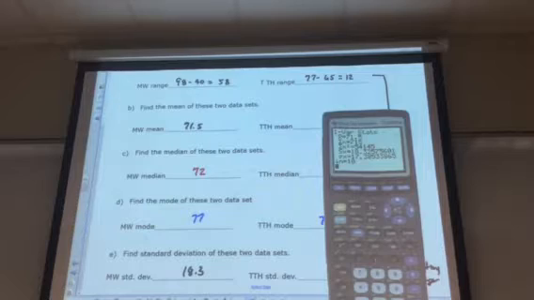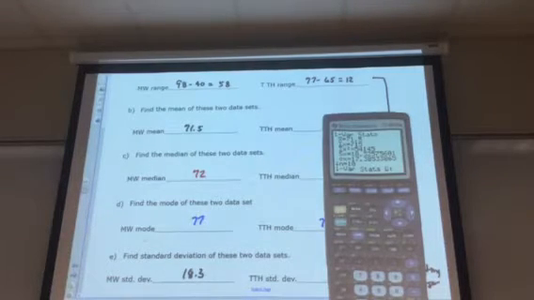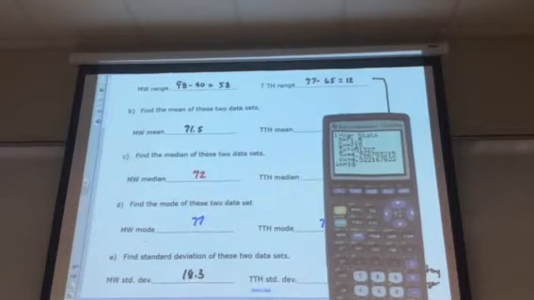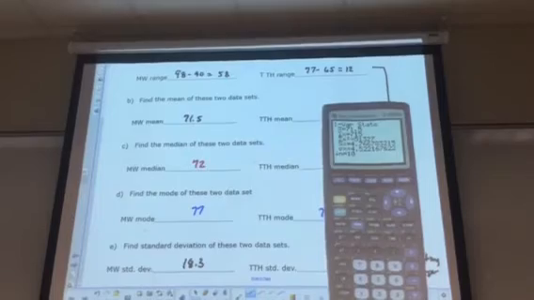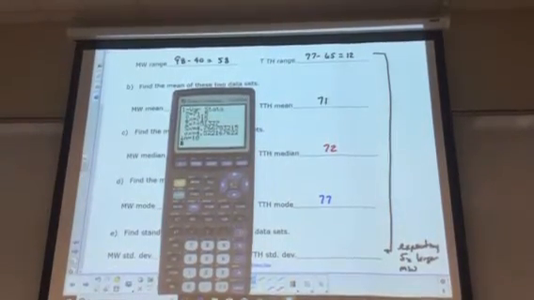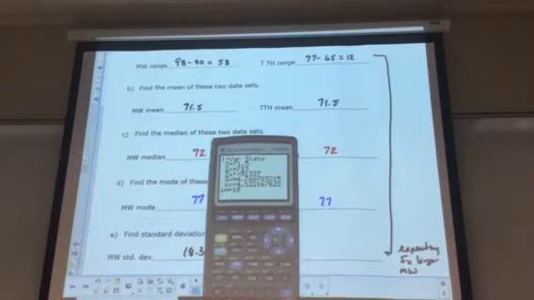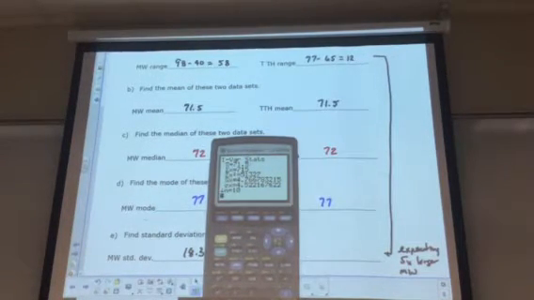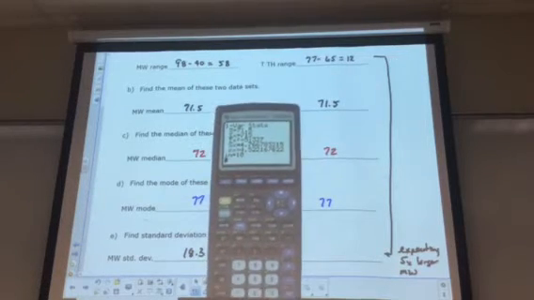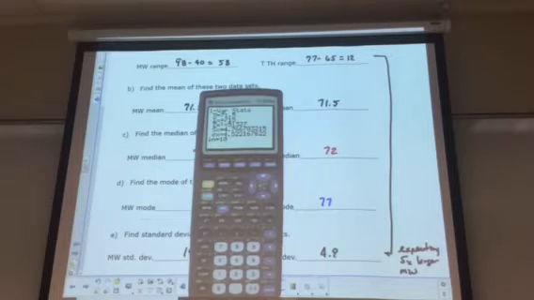If I do the same thing with list number 2, mean value turns out to be 71.5, exactly the same as the first one. But standard deviation turns out to be 4.8.